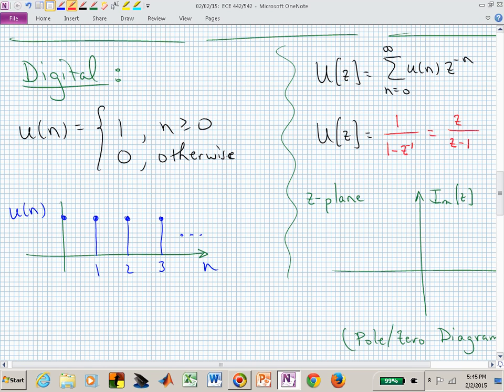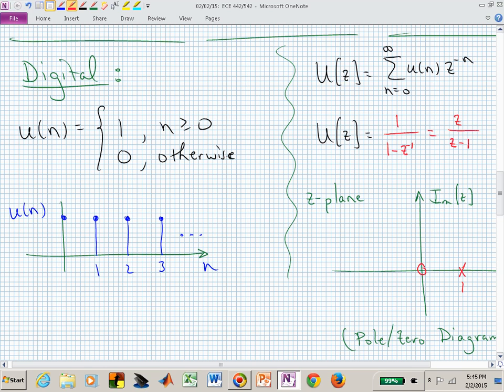Now, where are the poles and zeros of that? Again, it's not that hard. We have a 0 right there at the origin, and we have a pole at 1.